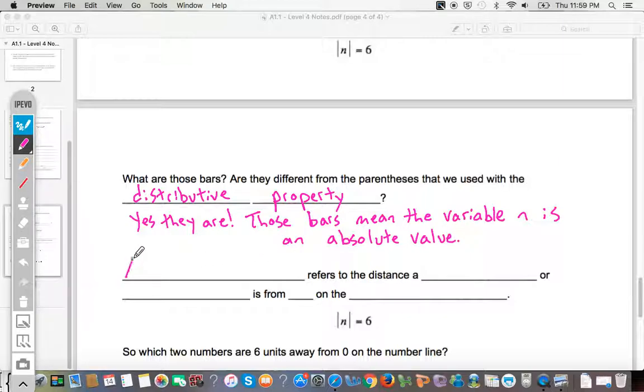So absolute value, let's define this a little bit. It refers to the distance a number or expression is from 0 on the number line.